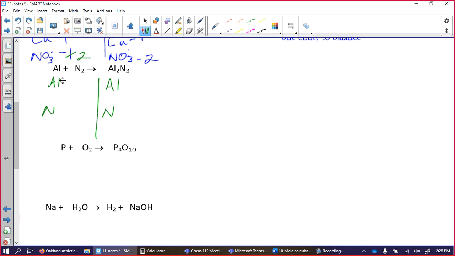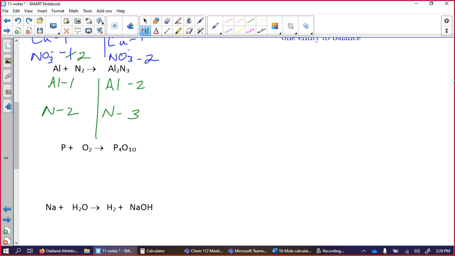Al and O. 1, 2, 2, 3. So balancing the aluminums is fairly straightforward. I actually wouldn't start with aluminum.